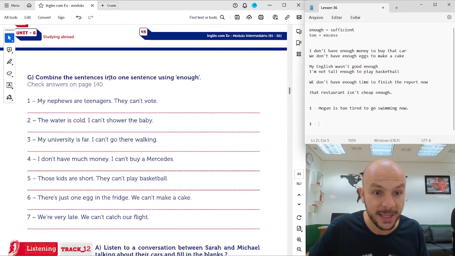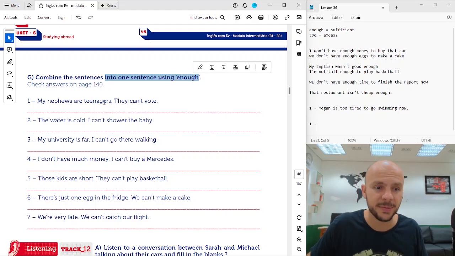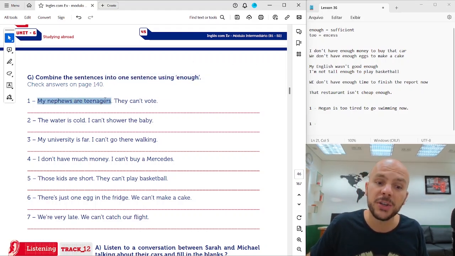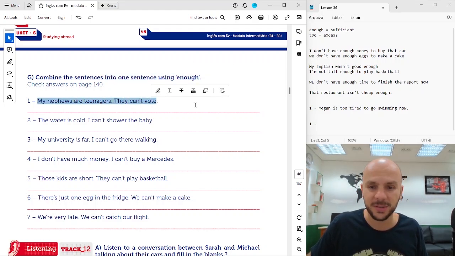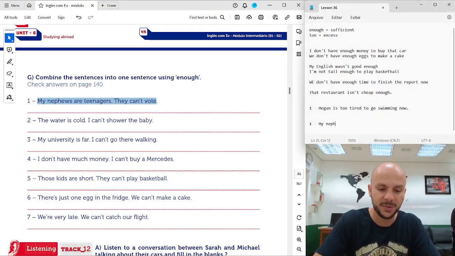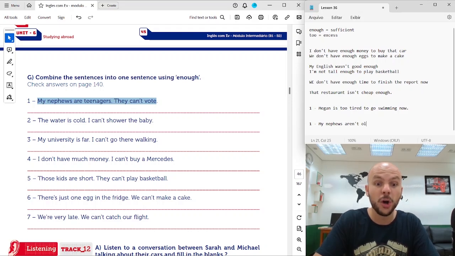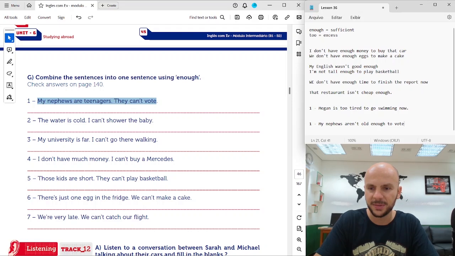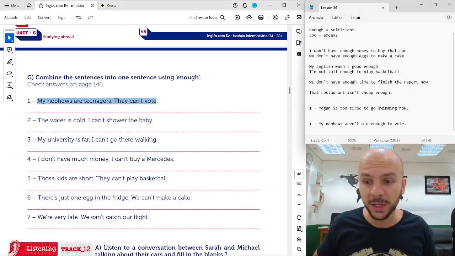Combine the sentences into one using enough. My nephews are teenagers. They can't vote. So my nephews aren't old enough to vote. Okay? They aren't old enough to vote.